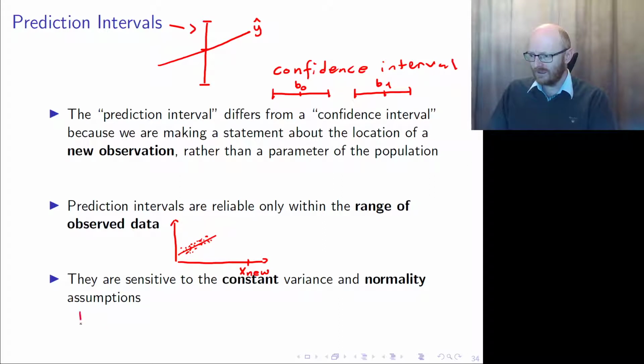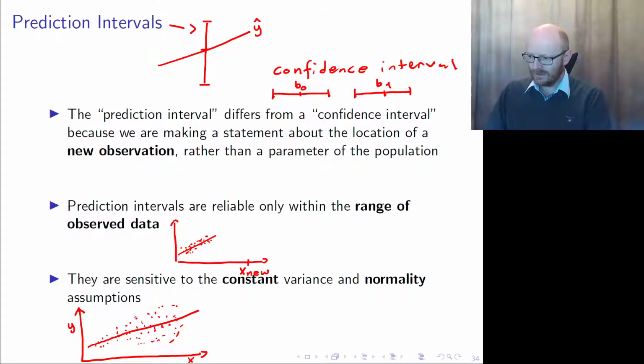The reason is that if you have some data and you have not got constant variance, you see that the variance is increasing with increasing x, and what the model is giving you is a constant or an average residual standard deviation, right?